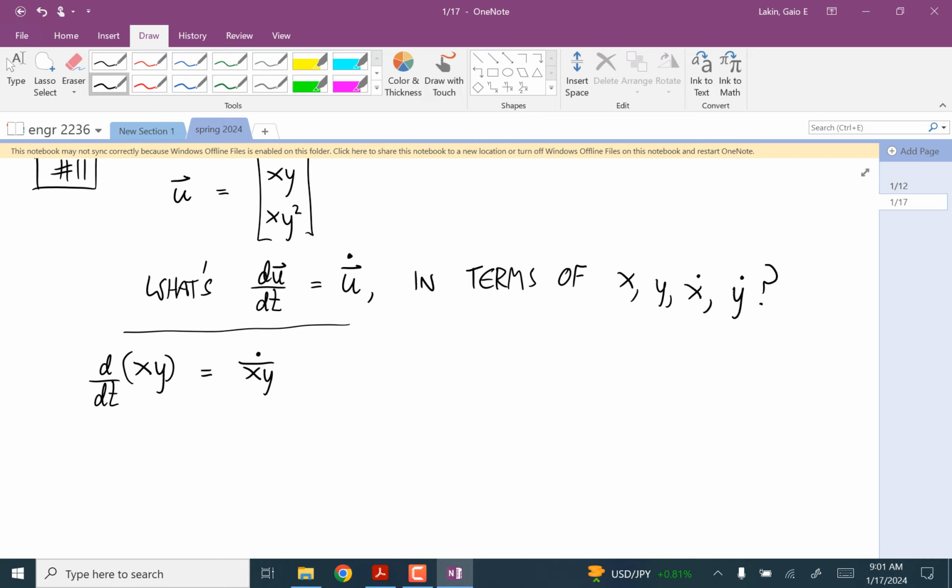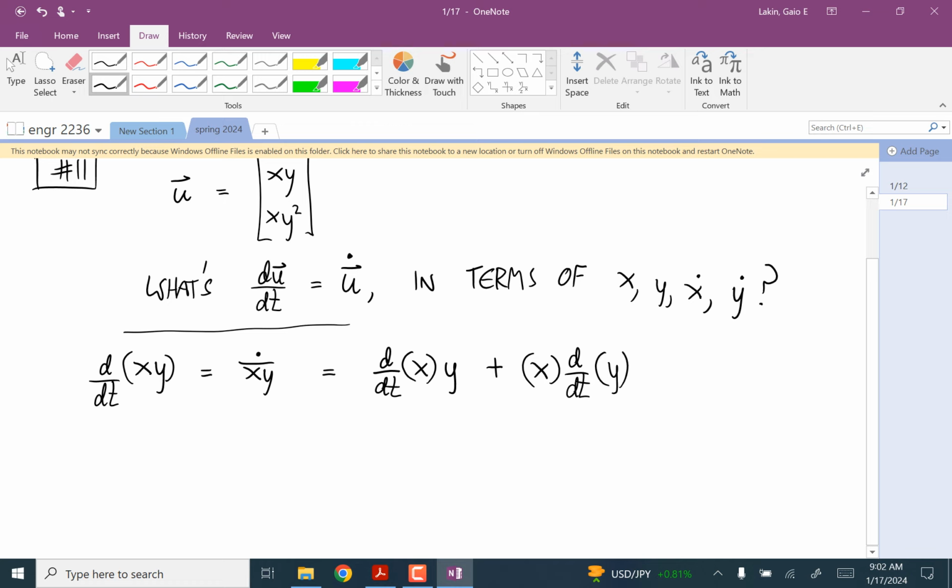And we have to use the product rule for this. So you can think of this as d dt of x times y plus x times d dt of y.